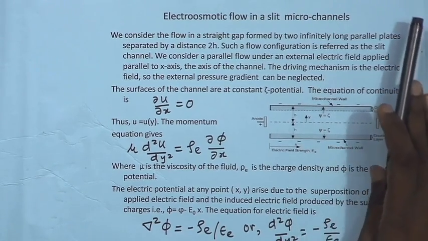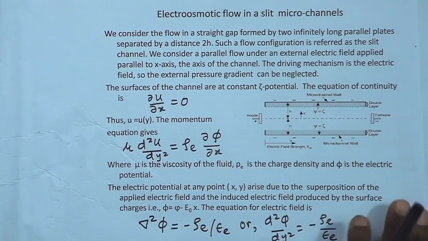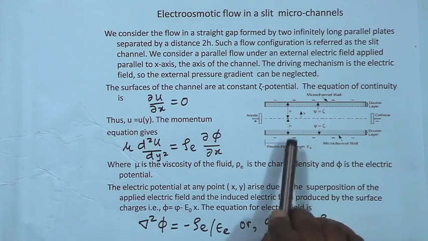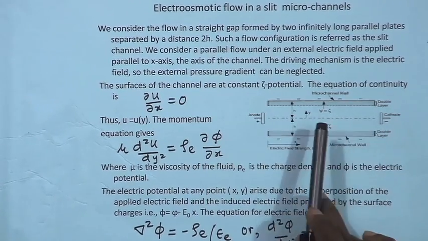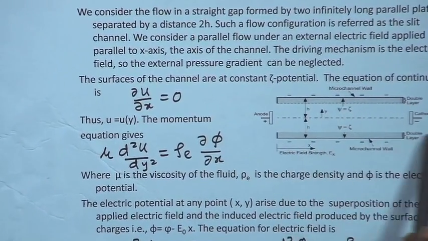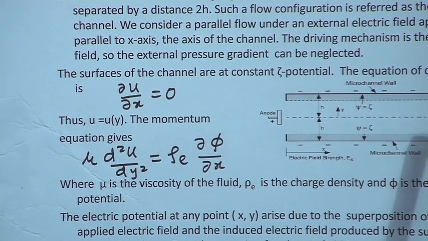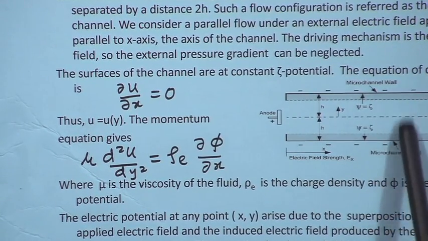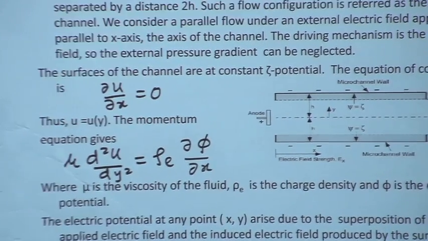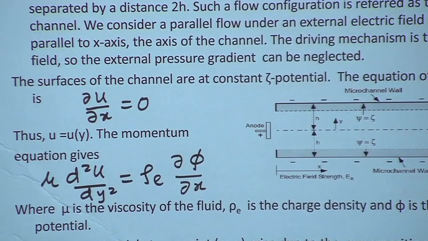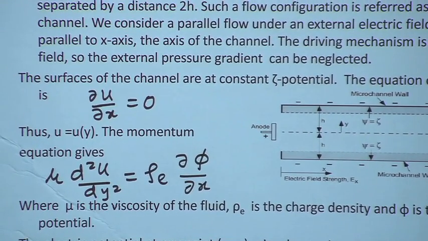Say we consider this situation: an electrolyte is filling the space between two charged surfaces which are infinitely long, let us assume, and this configuration is referred to as the slit microchannel.